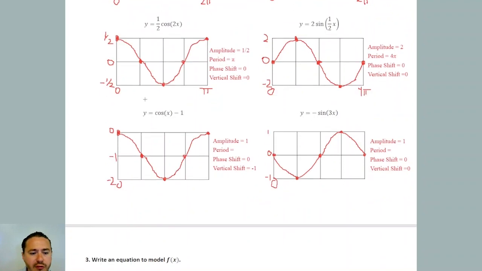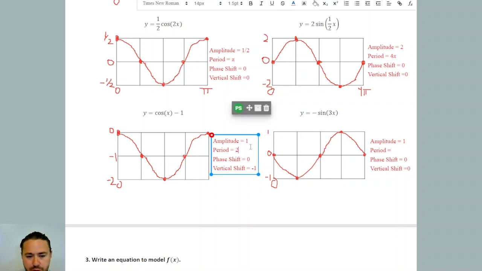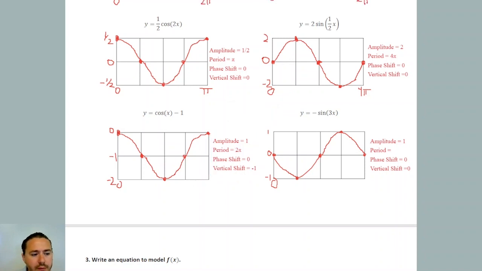And then for this cosine x minus 1, the period is 2 pi divided by 1. So again, we get just another period of 2 pi. So I'm going to say 0 plus 2 pi is 2 pi. And then for this last one, the period is going to be 2 pi divided by 3.